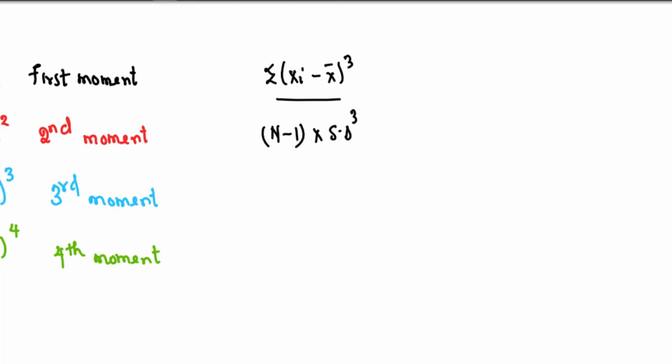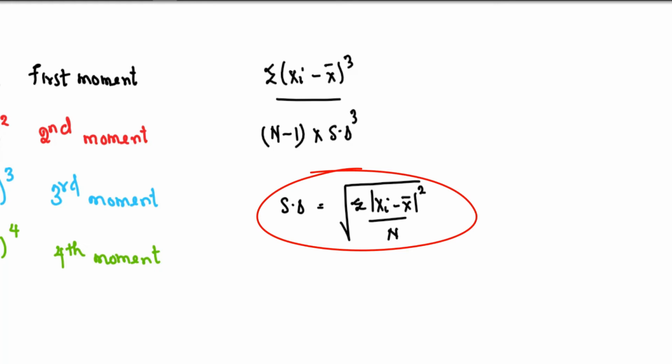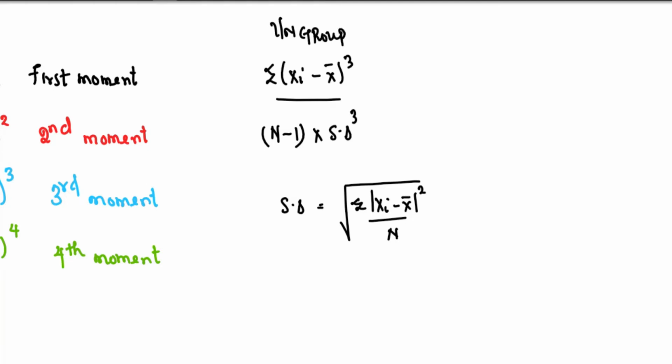The formula for the standard deviation, SD, is the square root of the variance, and that is the summation of (xi minus x bar) all squared divided by n. So this is the formula for the standard deviation when we have an ungrouped data.